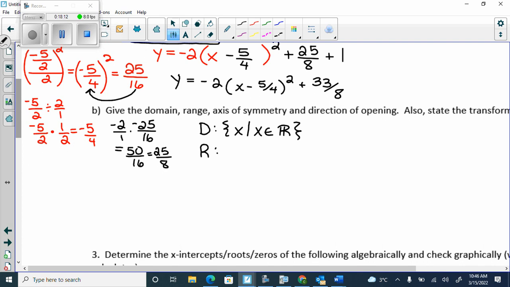Well, I know it's concave down, so I know my range is going to be y such that y is less than or equal to, and what's my y? 33 over 8. The y of the vertex. The direction of the opening is concave down.